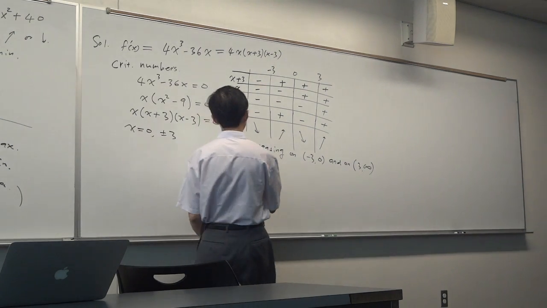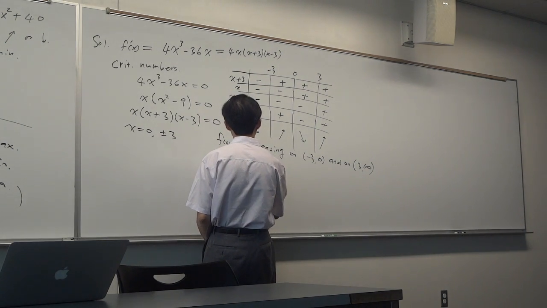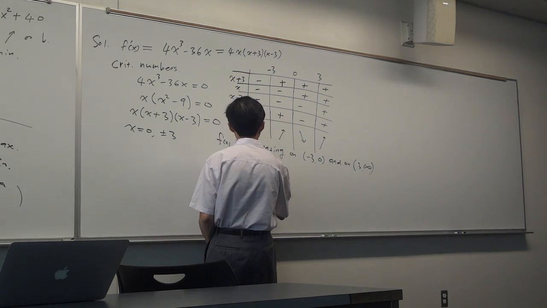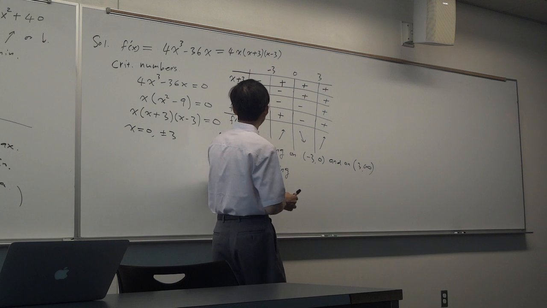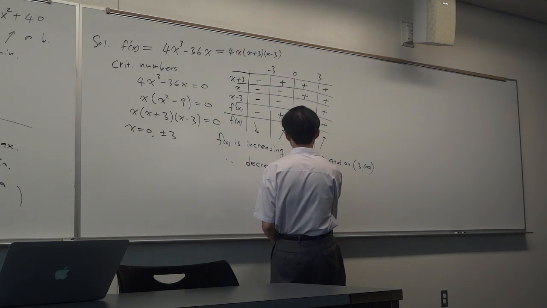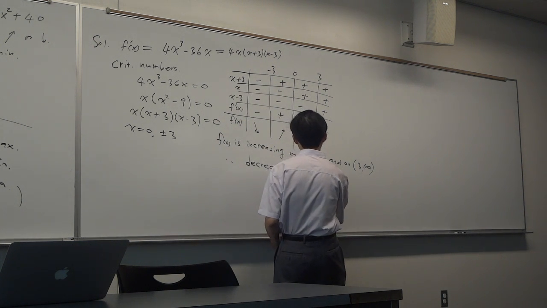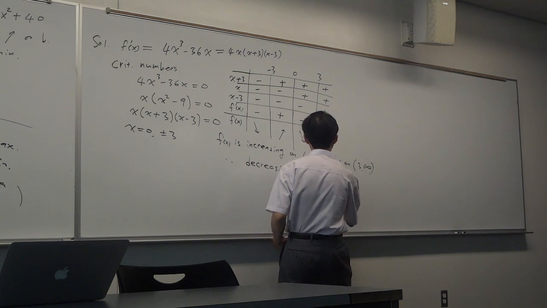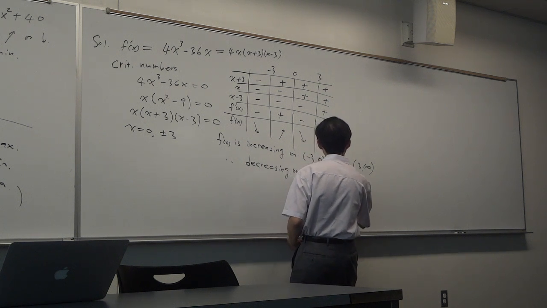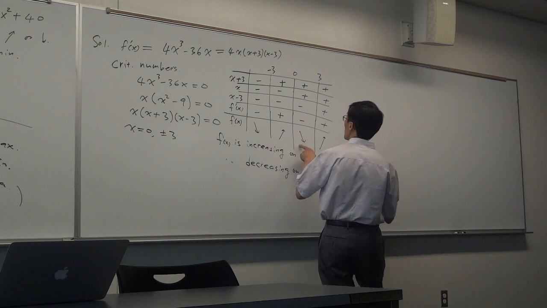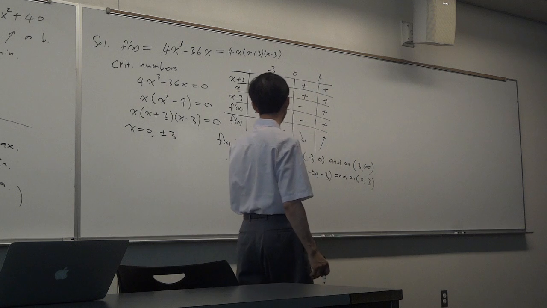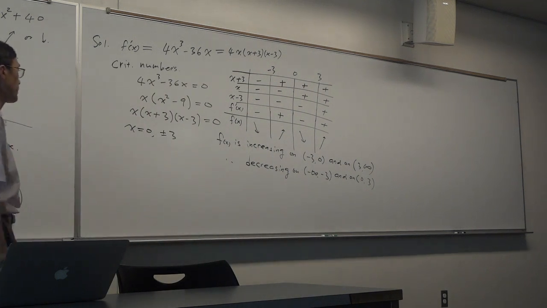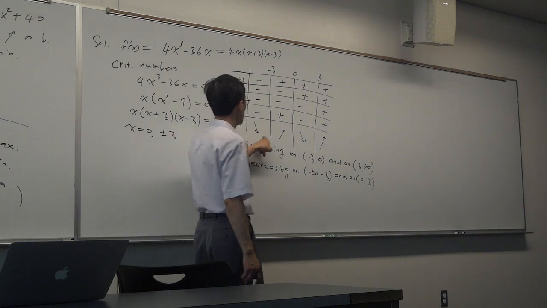And f of x is decreasing here, which is -infinity to -3 and 0 to 3. So that's where it's increasing or decreasing. And it also tells you the local extremum.